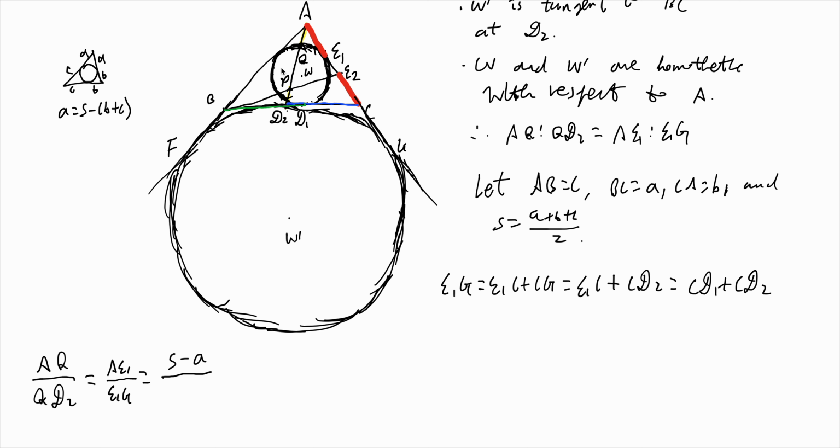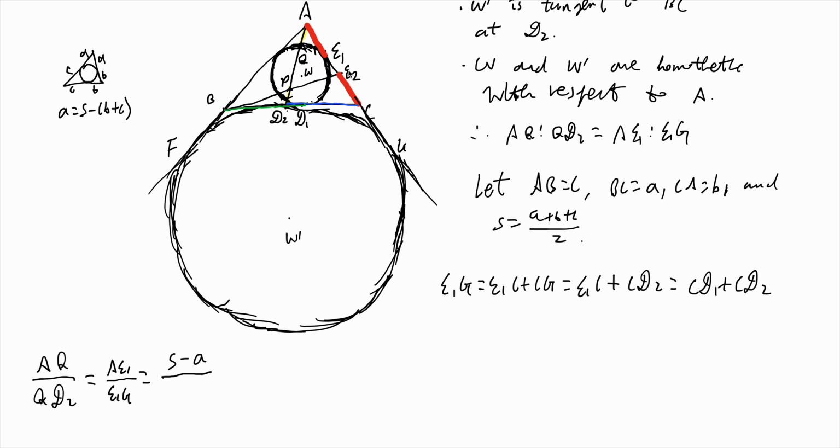And the reason why it's equal to CD sub 1 is because omega is our incircle, and E sub 1, D sub 1 are where they meet, so obviously these two lengths are equal to each other. Just to prove it, we can draw a right angle like this, and prove that these two are congruent.